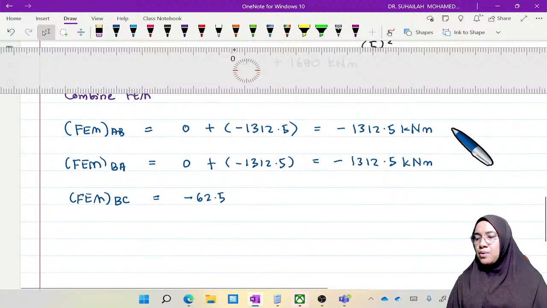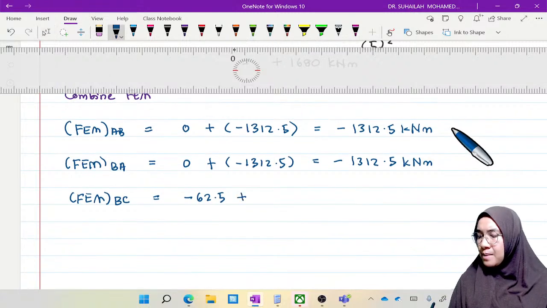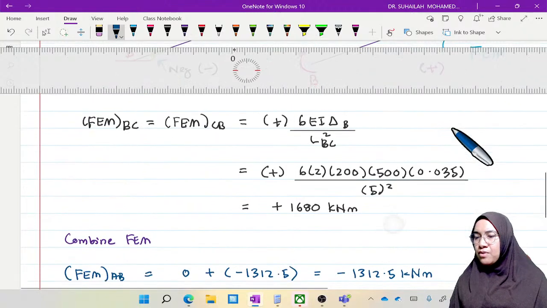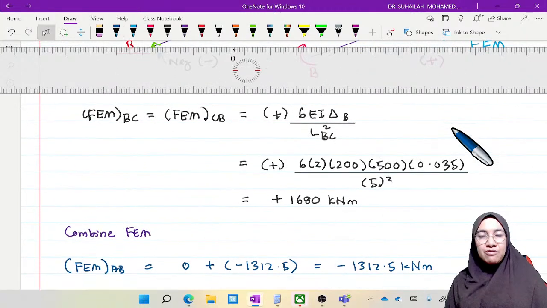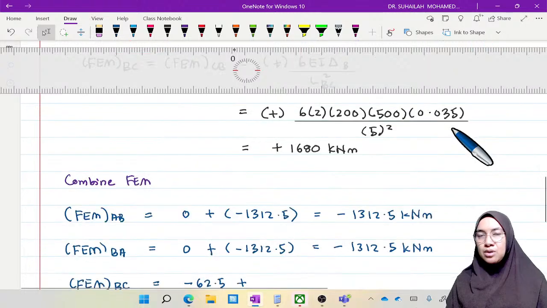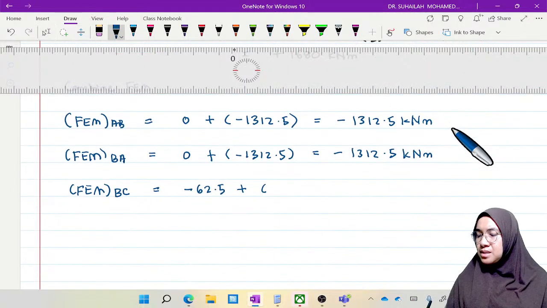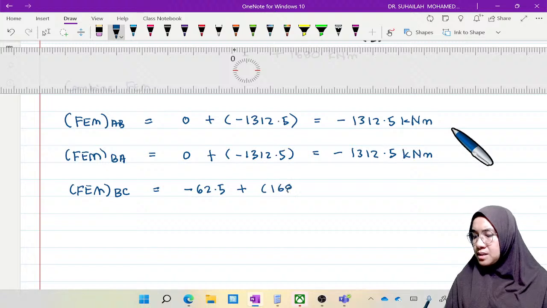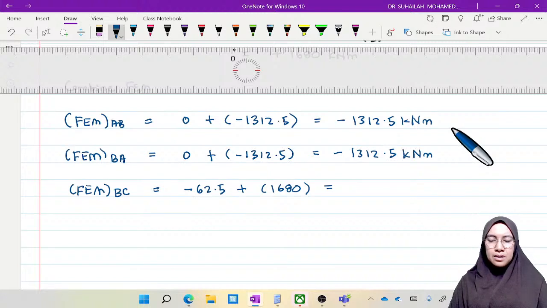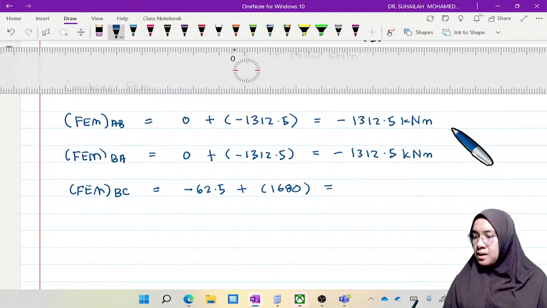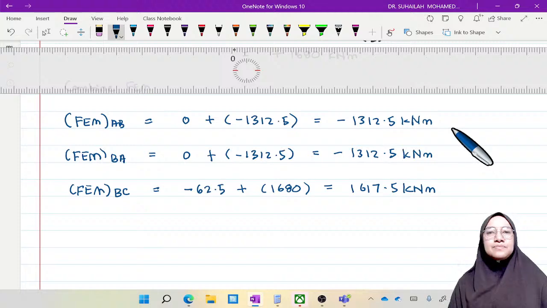We have to add the FEM due to settlement for BC, positive 1680. So negative 62.5 plus 1680 gives 1617.5 kilonewton meter.